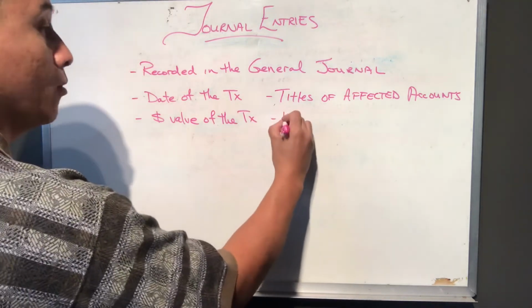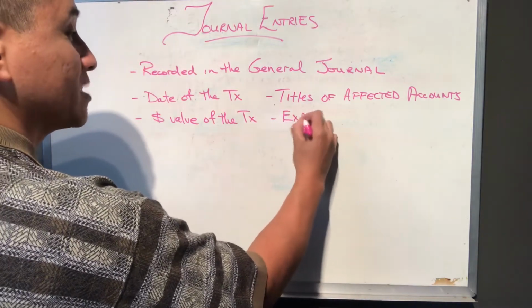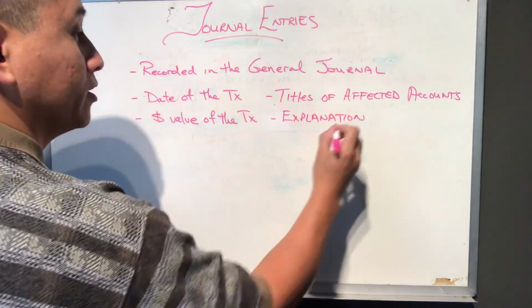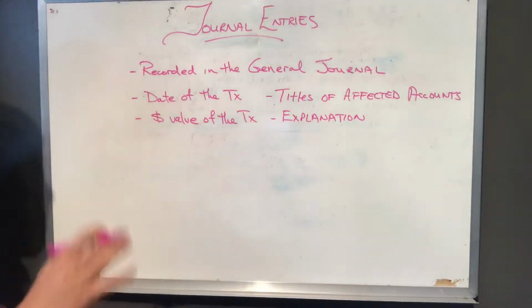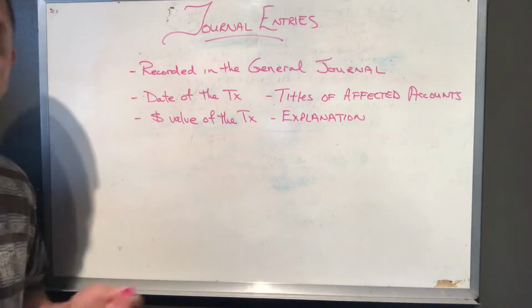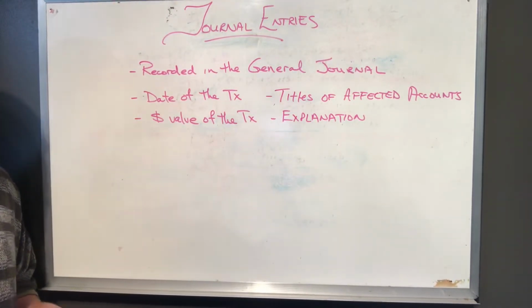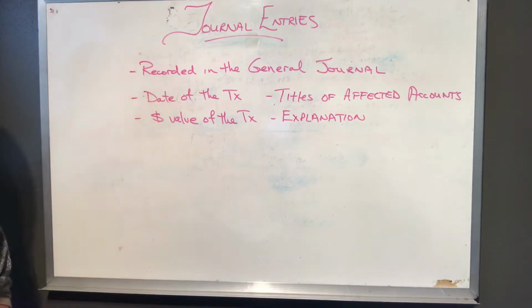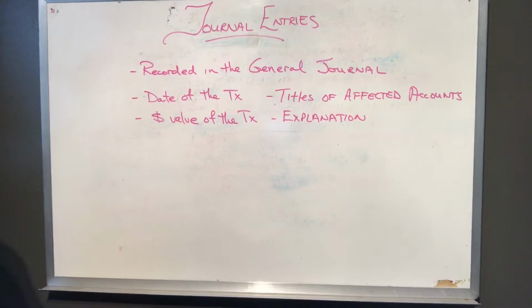And lastly, they will have an accompanying explanation so that later on down the line, when you look back, well, okay, I spent money to buy something, to buy equipment, or for whatever purpose. What was it for? Okay, so these are certain things that you can always keep in mind.